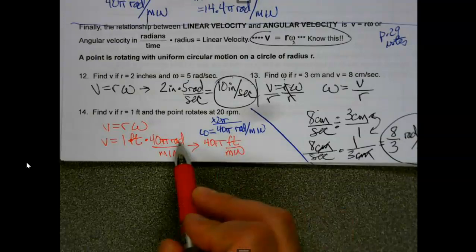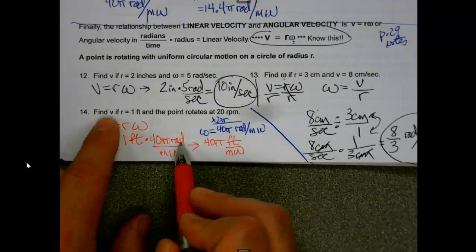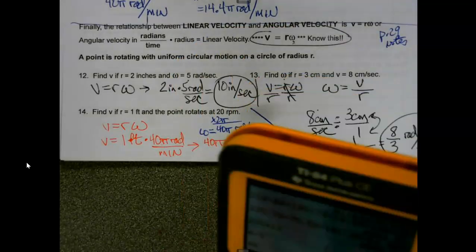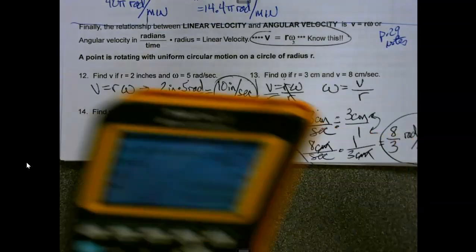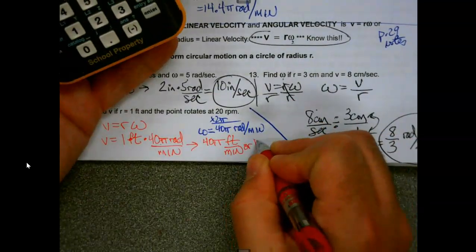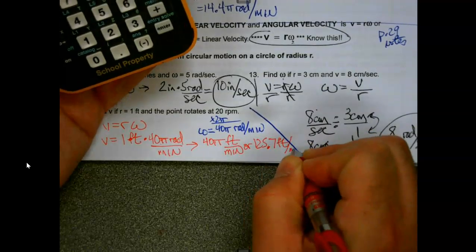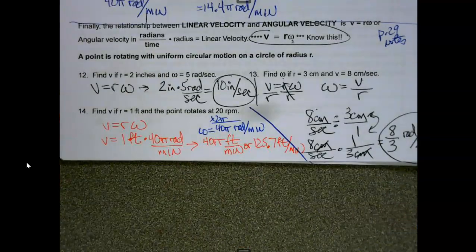That just got us to where it's angular, but again, we're looking for linear. Don't put the rad in there. The pi is fine. No rad. 40 pi. So if we went decimally, 125.7 feet per minute. And again, if I don't mention decimal versus exact, you pick which route you want to go. I'll take either.